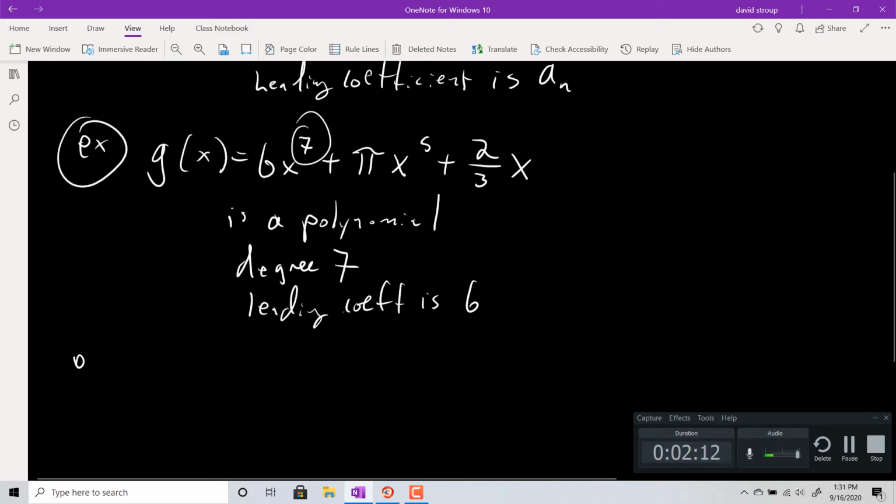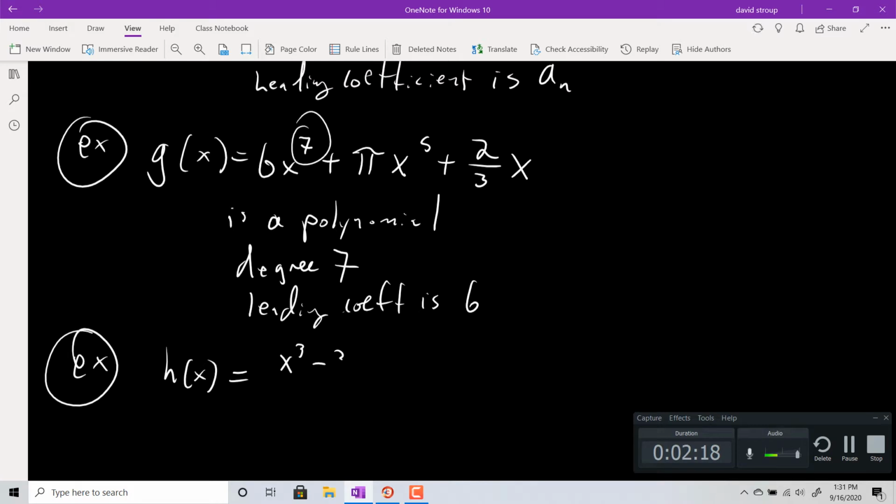So let's look at one that's not. This guy is not. It has an x in the downstairs. This is actually called a rational expression. If you were trying to simplify it, you could hopefully turn it into a polynomial.